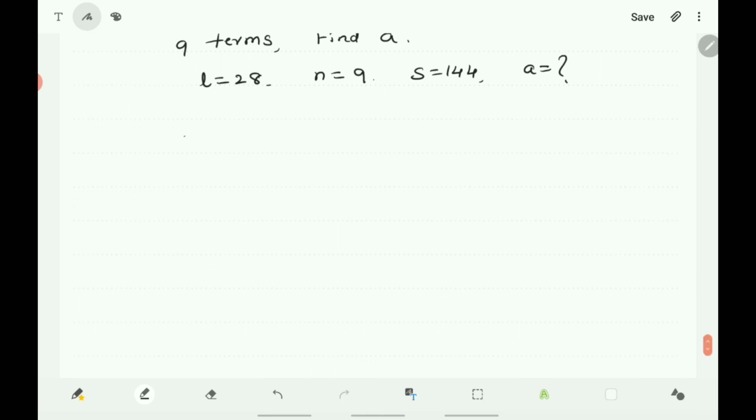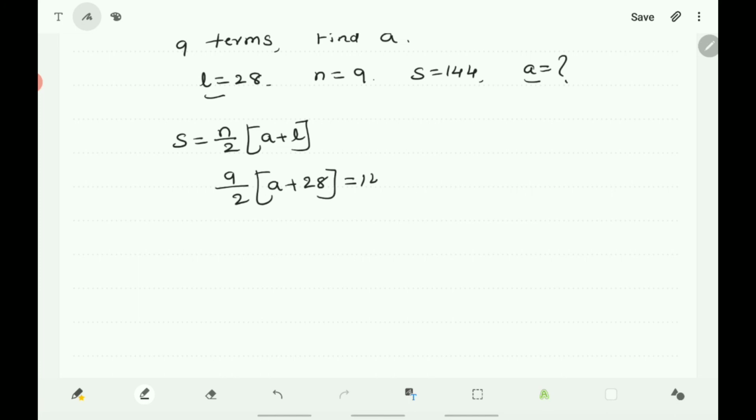So you write the formula for S, that is S is equal to n by 2 into a plus L, since L is given and a is to be found out. So n is 9. 9 by 2 into a plus 28, and S value is given, that is 144.